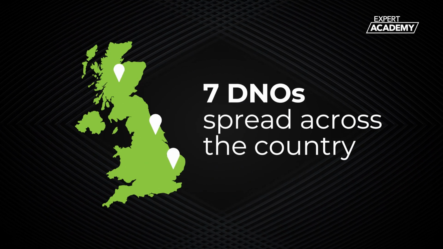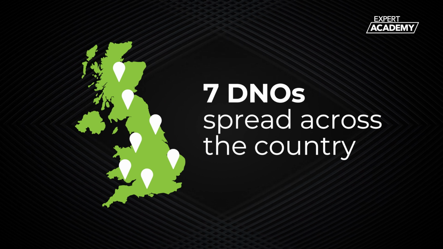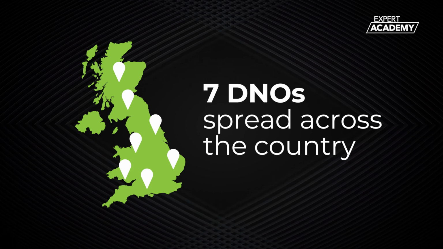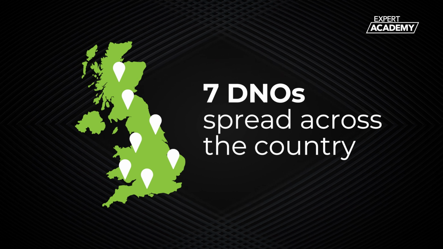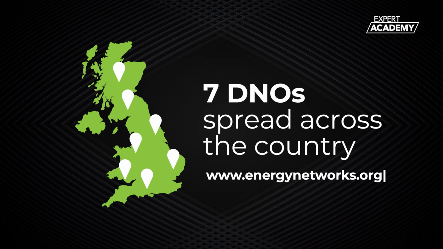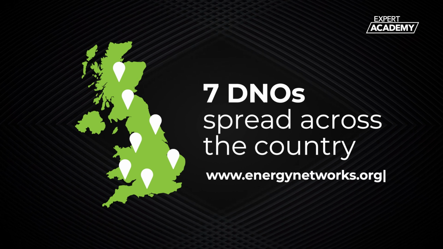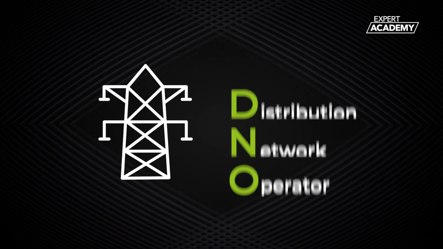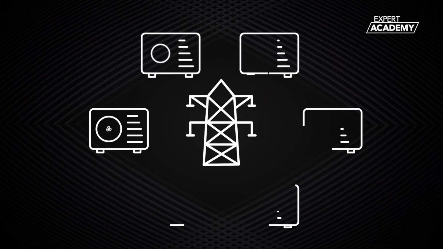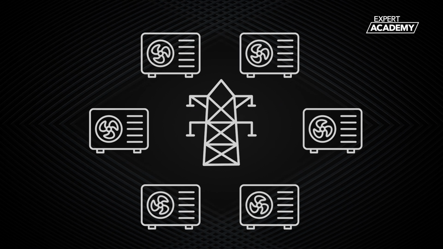With 7 DNOs spread across the country, it's essential to notify the appropriate DNO based on your geographical location when installing a heat pump. This information can be found at energynetworks.org. The local DNO manage the electrical network in their area, ensuring it can handle the increased electrical load from new heat pump installations.